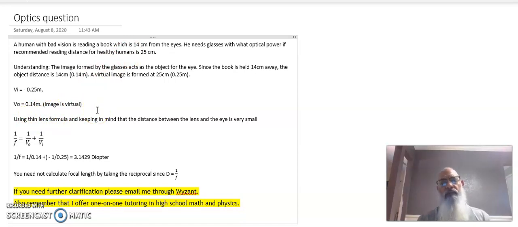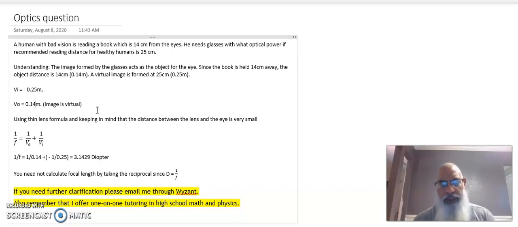Now, when somebody reads a book, they want to be able to see the book right side up. All real images are inverted. And therefore, if the image will be right side up, then it has to be a virtual image.